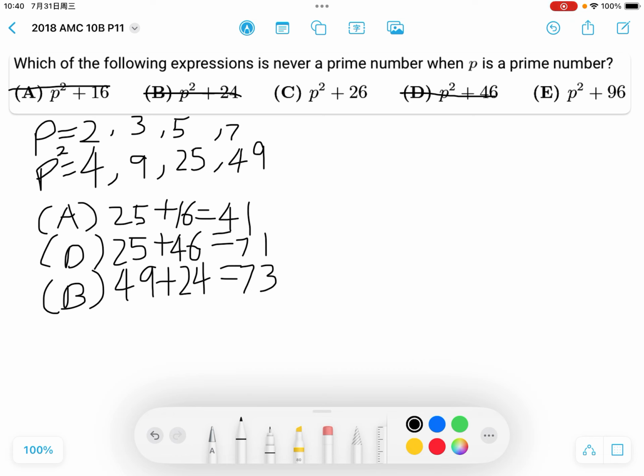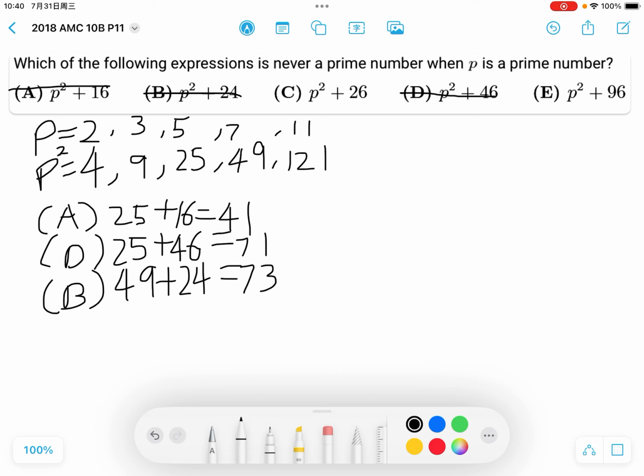Alright, so 49 plus 26 is going to give us 75. 49 plus 96 is going to give us some number that ends with a 5, so that's not prime because it's divisible by 5. Let's try the next prime number, so that's 11.